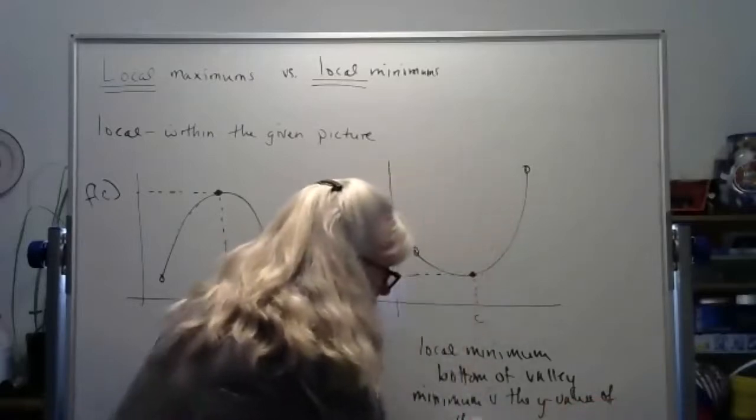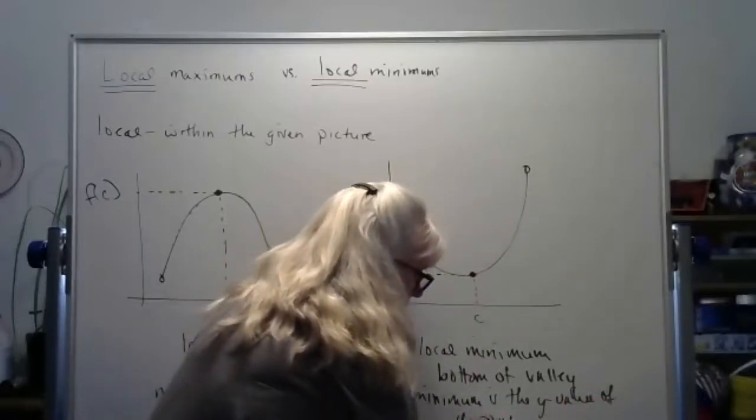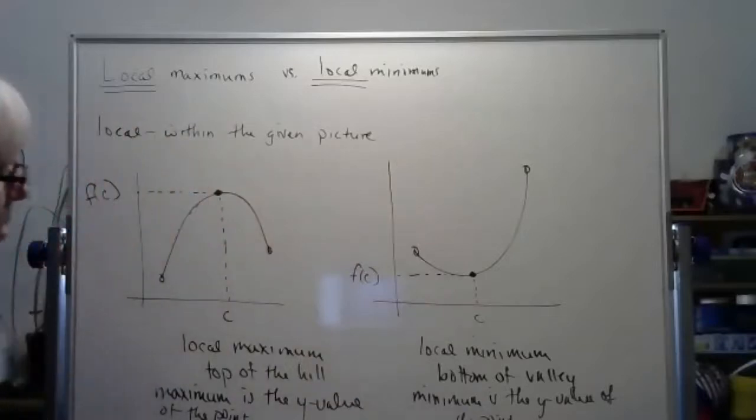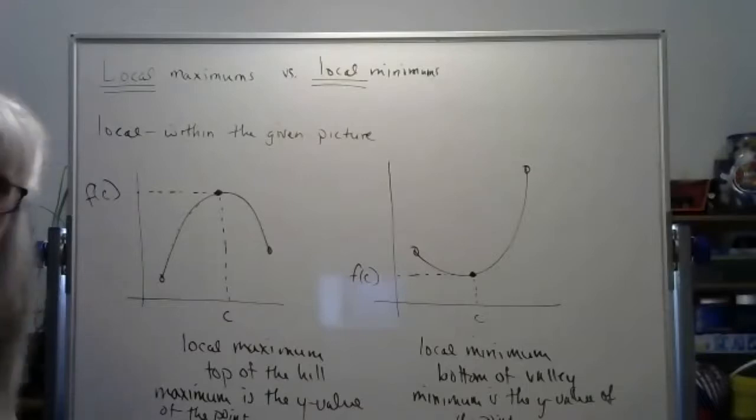And on the homework, it's pretty specific about how you type these things in. So it's going to ask you to find the local maximum. They're looking for the y value. And then they're going to say it occurs at what x value. And we'll do that here in just a minute. But okay, any questions or comments about local max and local min? As I noticed, I ran off the board.